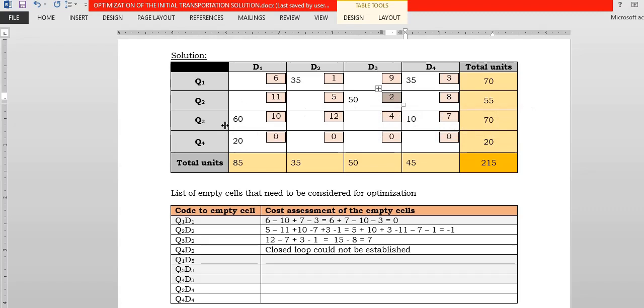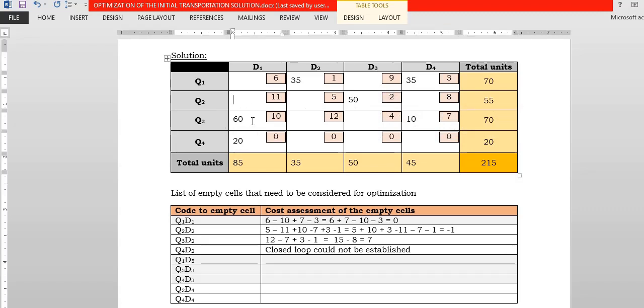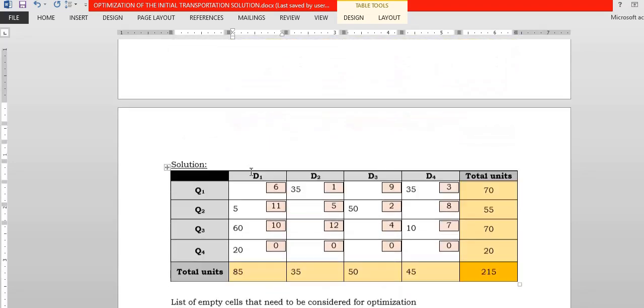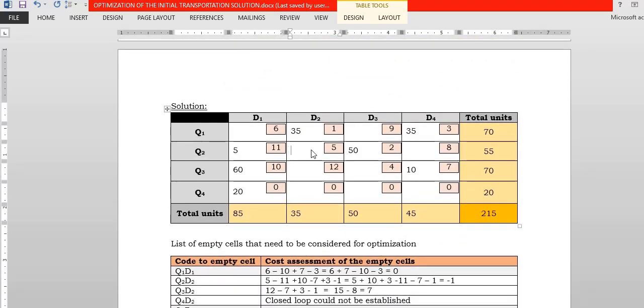I think I skipped out something. It's supposed to be a 5 here, which I think I missed out. I don't know how I missed it out. But with that additional figure, it becomes even easier to move, because we can move from here, this position, then back this way, then this one, then this way, then this one, then we land up there.